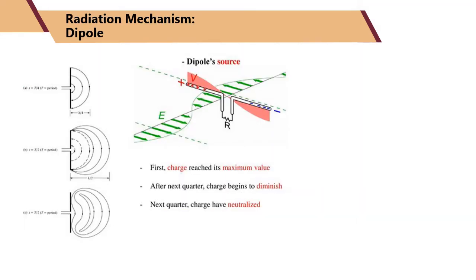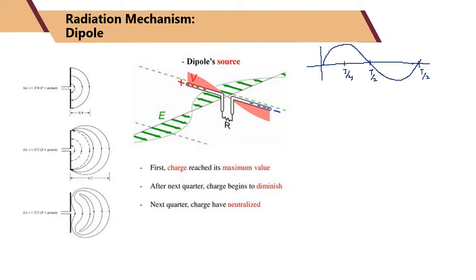Okay, so let's look at the dipole radiation mechanism. Let's consider that we have the input source as a sinusoid. Okay, so this duration is T/2, this is T, one cycle, and here is T/4.